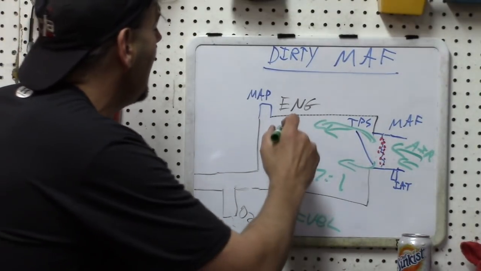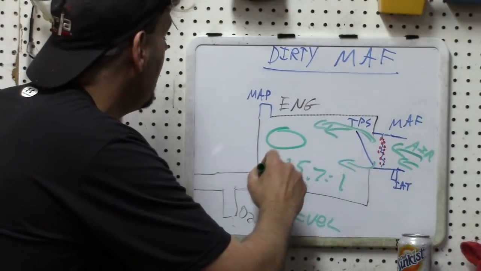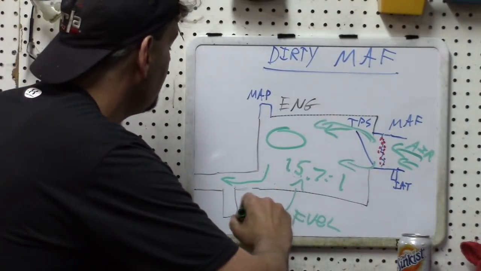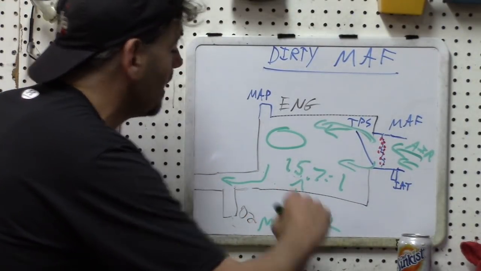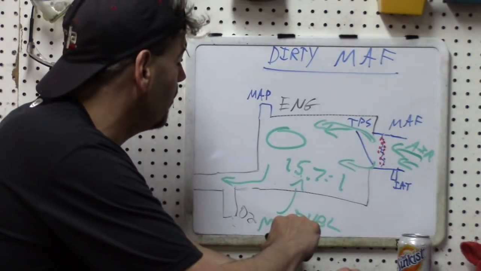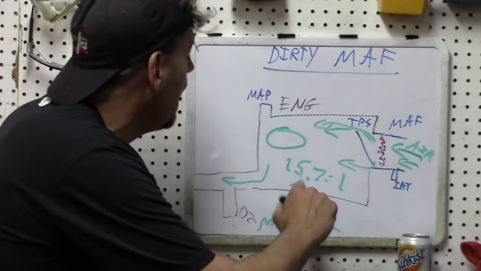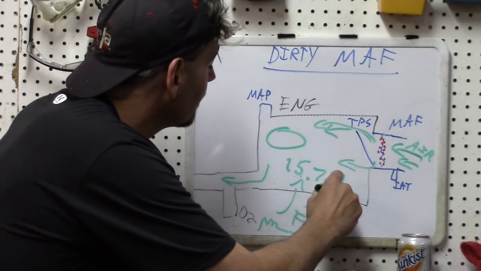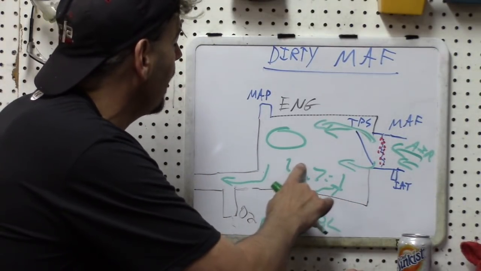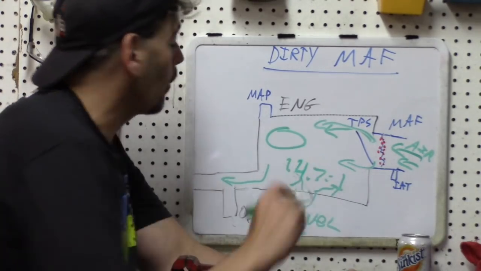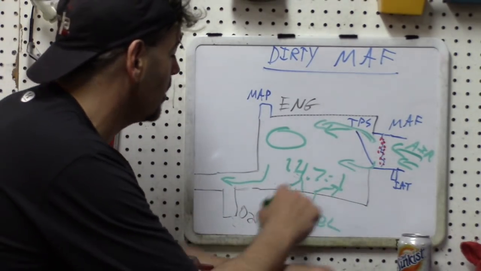So obviously what's going to happen here, we've got our combustion. Then when we get to the O2 sensor, the O2 sensor starts reading lean. That of course is going to cause the fuel trim to add for the addition of fuel, so that we can bring this ratio back to 14.7 to 1, a typical lean condition response.